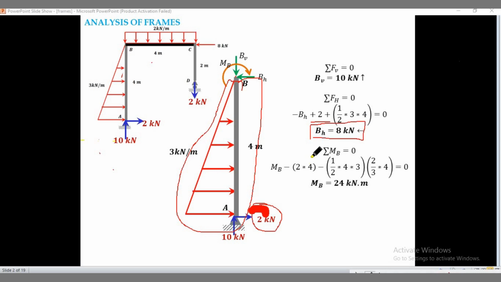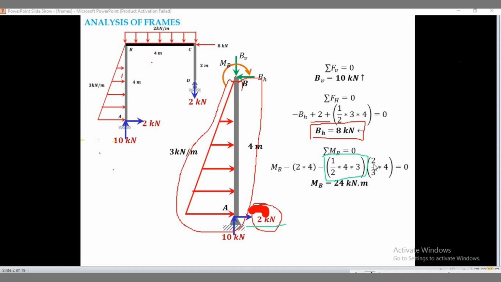If I take summation of moments at point B, MB here, we assume the direction of the moment at B is clockwise, so positive. This 2 kilonewtons, taking moment about B, is counterclockwise, so minus. This 1/2 times 4 times 3 is the area of this non-uniform triangular load.